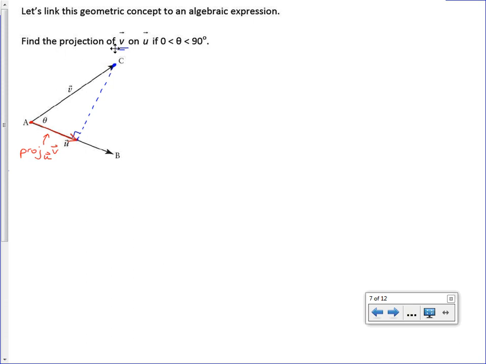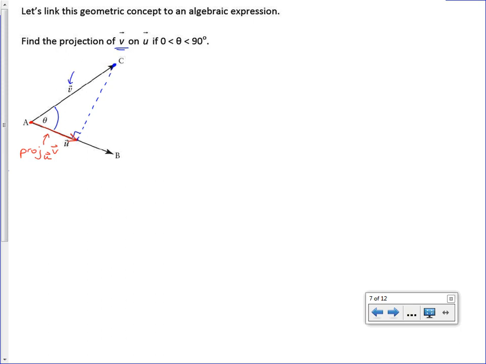I can't really say horizontal because it's all skewed. If AB was horizontal, then I'd be saying horizontal. How would I relate the information I have to find the length of the projection of V onto U?